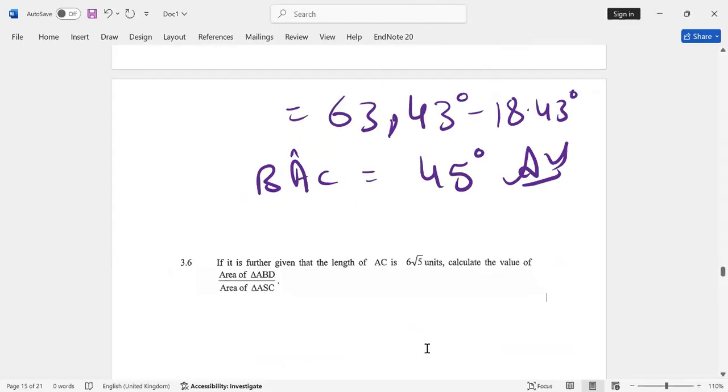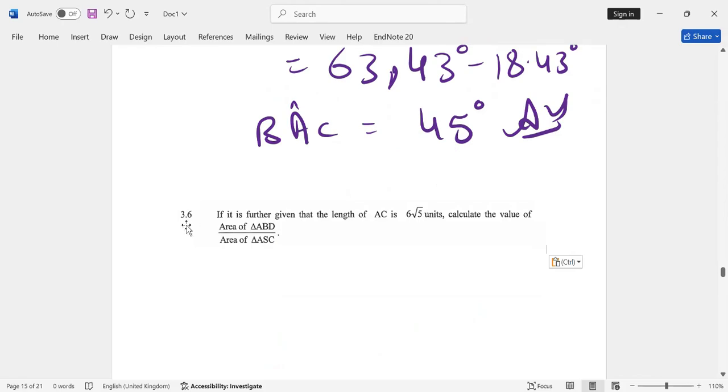That is question 3.6. If it is further given that the length of AC is 6 square root of 5 units, calculate the ratio of the area of triangle ABD to the area of triangle ASC. So we use the ratio of areas of the triangles.